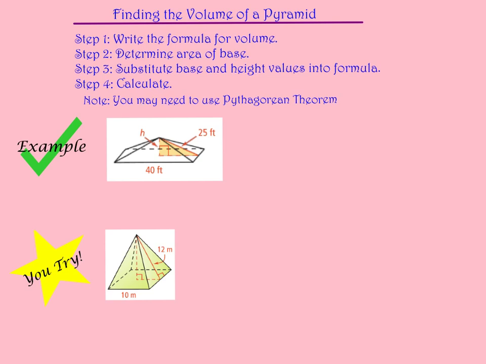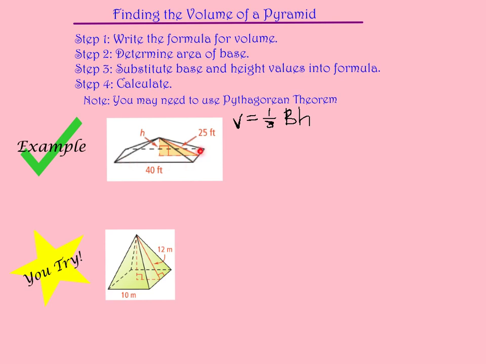Alright, now let's see a problem where we do need to use the Pythagorean theorem. So looking at this example, our step 1 is to write the formula for volume. So volume is equal to 1/3 area of base times height. Well, it looks like we have some kind of a square pyramid, basically.